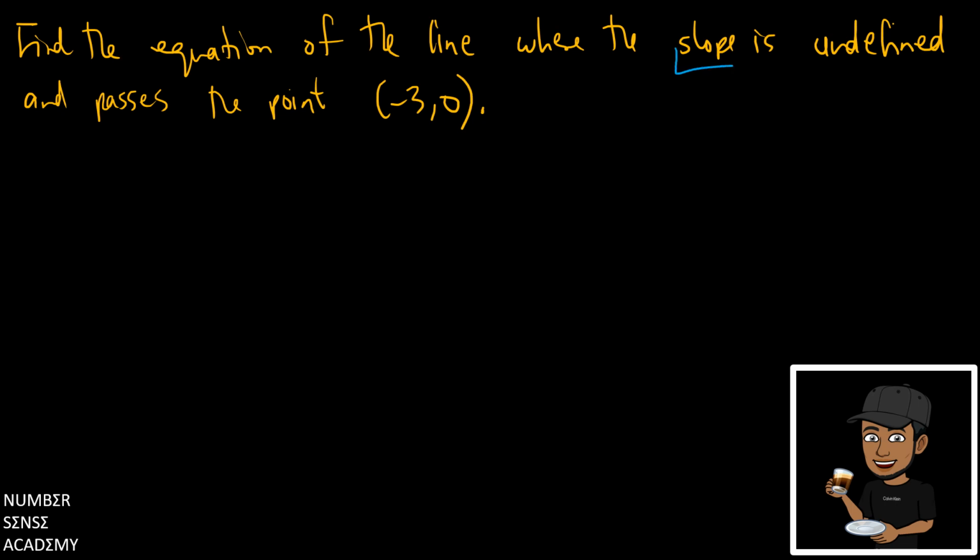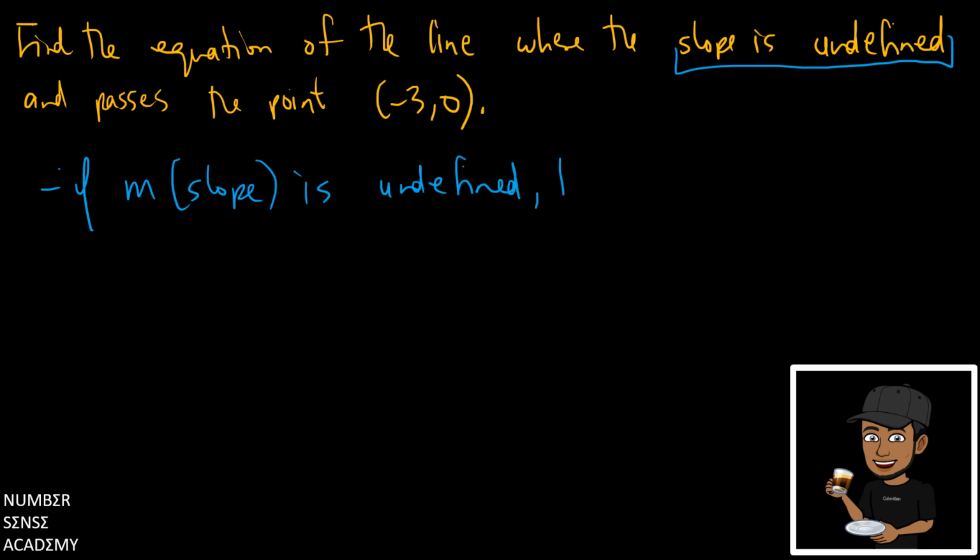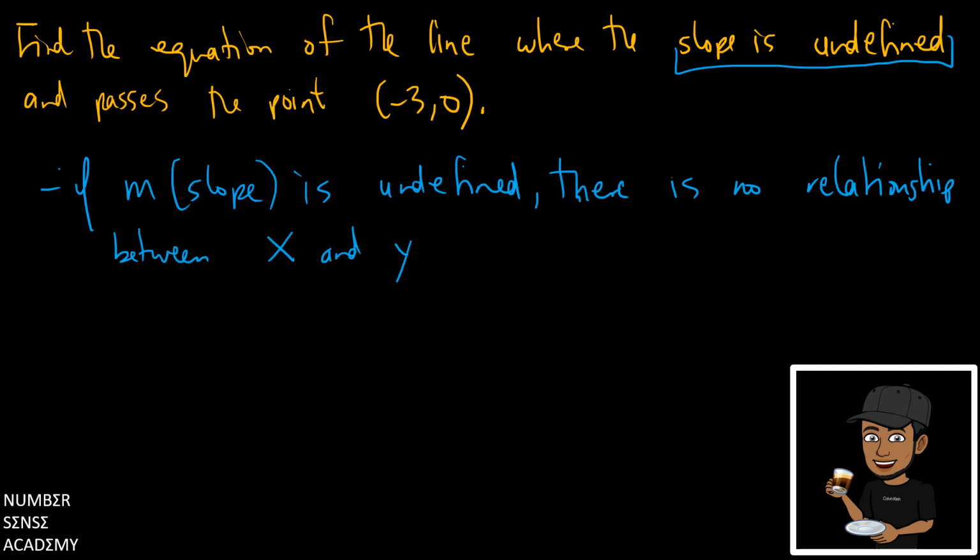So most importantly, the slope is undefined. Once the slope is undefined, then we don't have a relationship between x and y. So let me write that down. If m, or the slope, is undefined, there is no relationship between x and y.